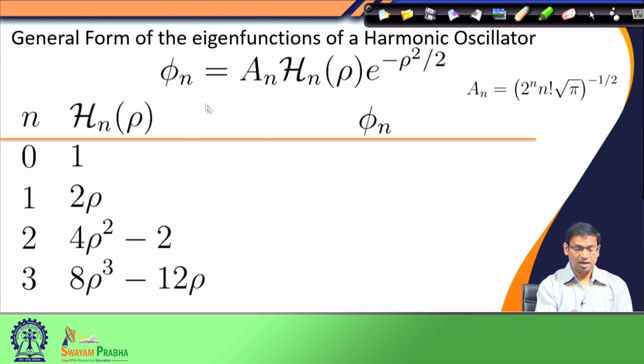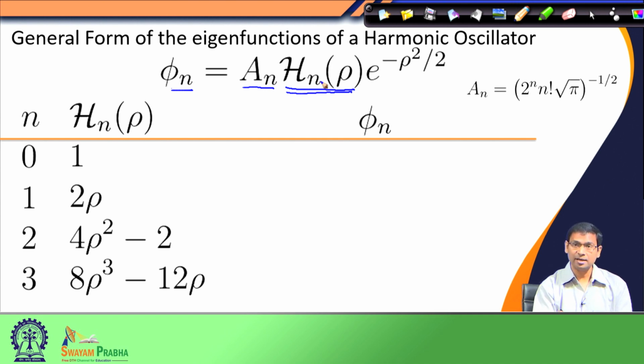So, the general form of the eigenfunctions of the harmonic oscillator is given here, which is phi n. It has a normalization constant a n multiplied by this H n, which is the Hermite polynomial.